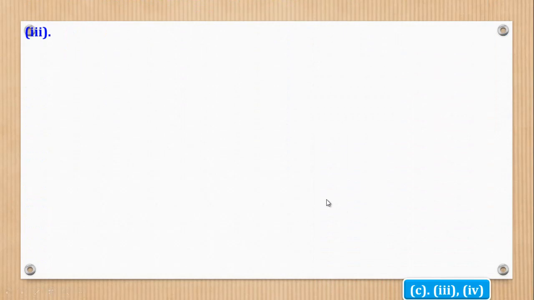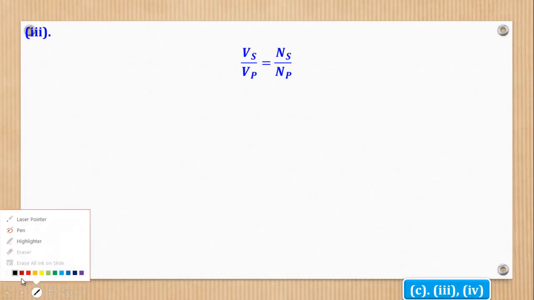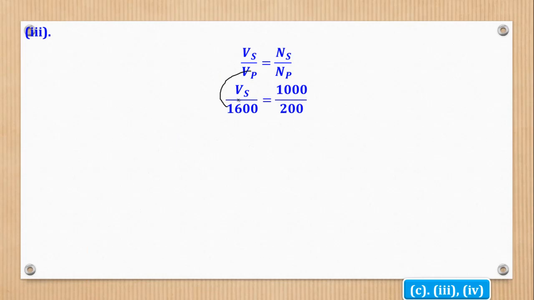So we know that the number of turns is proportional to the PD. Therefore, Vs over Vp is equal to Ns over Np. Then you can substitute for Vp, Ns, Np, and make Vs the subject. And that's what they wanted.